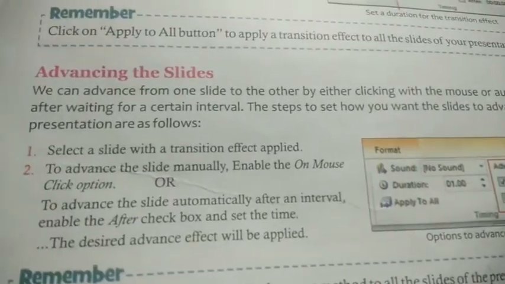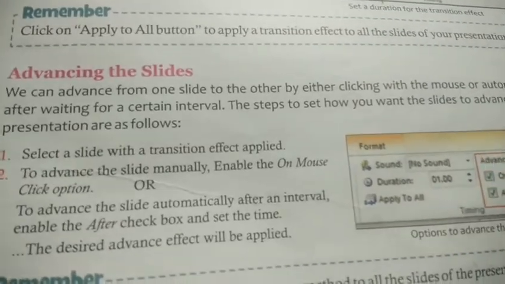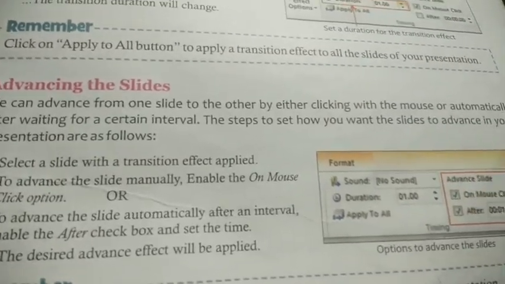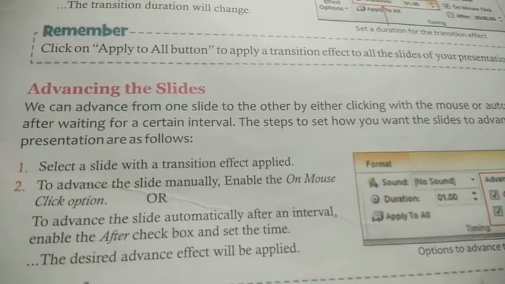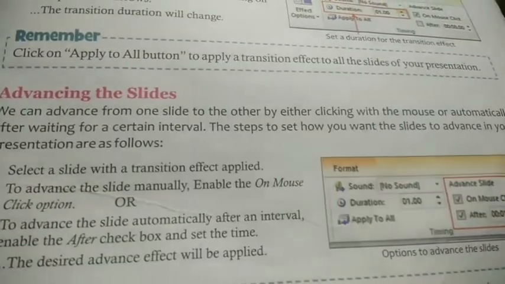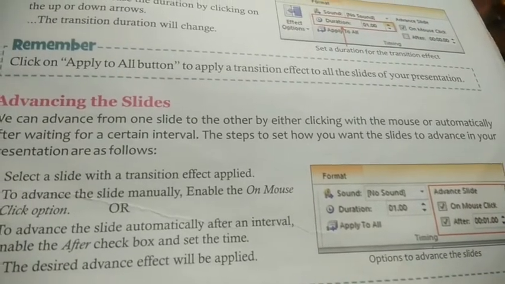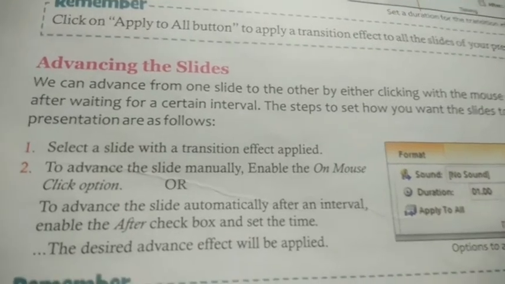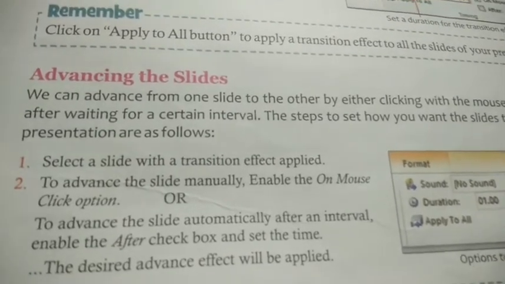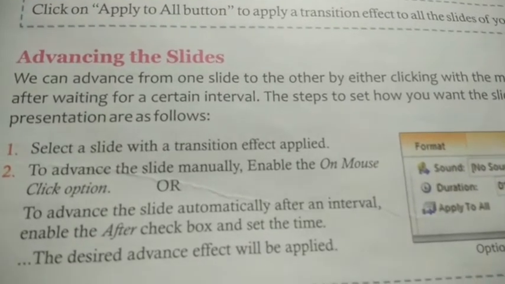So this is the setting of duration for the transition effects dialog box. Next, students, advancing slides means we can advance from one slide to the other either by clicking with the mouse or automatically after waiting for a certain interval. So the steps to set how you want the slide to advance in your presentation are as follows. Number one, select a slide with a transition effect applied.